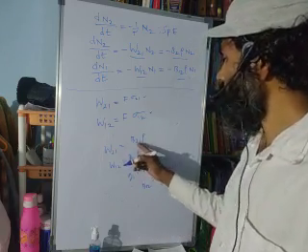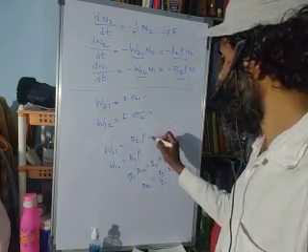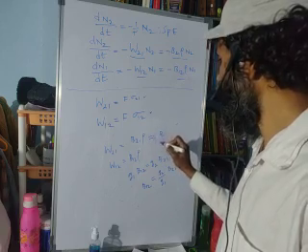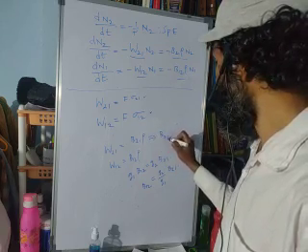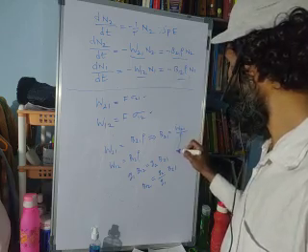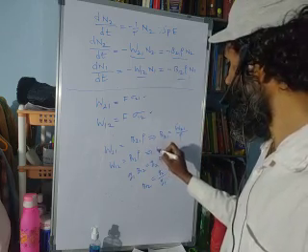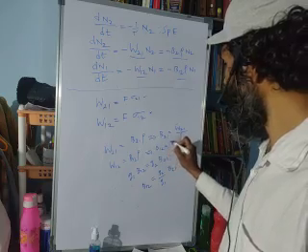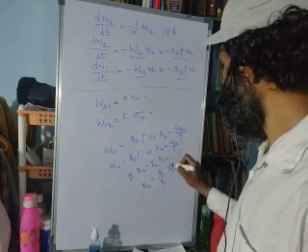From this expression, B21 is simply W21 divided by rho, and B12 is W12 divided by rho.